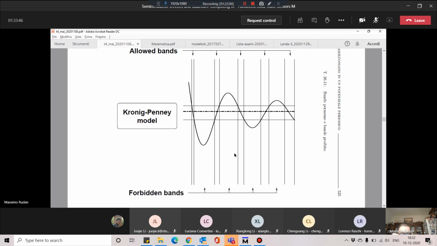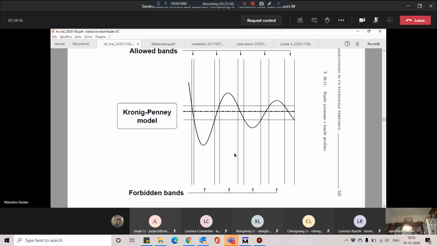Instead, the intervals of energy, in this case the abscissa is alpha A, but it is proportional to the square root of energy. The intervals of energy in which the oscillating left-hand side is in between 1 and -1 are the intervals in which we can find the intercepts so that they are the allowed bands.